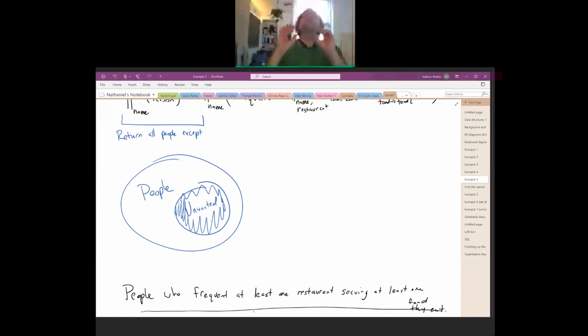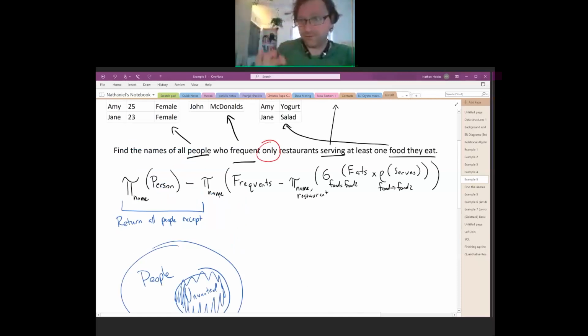We find out who their opposites are, and then we take everybody and remove the opposites. And then what will remain are the people that we want. Okay, that's the way that this is working. So the first part of this query is all of the people, and now we're going to remove the opposites.